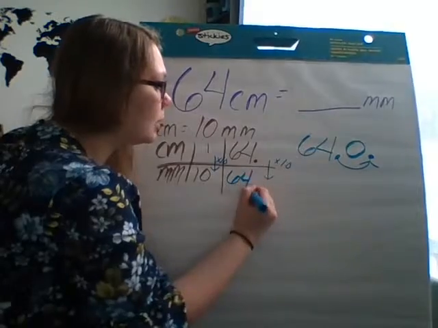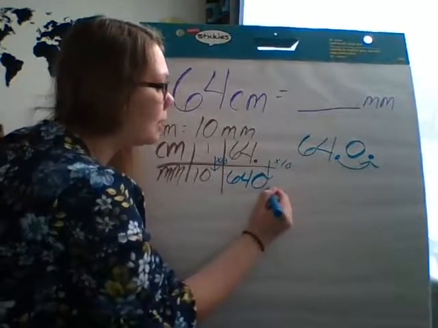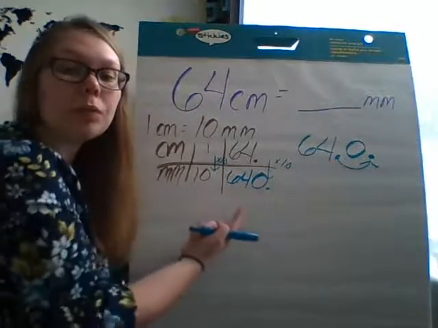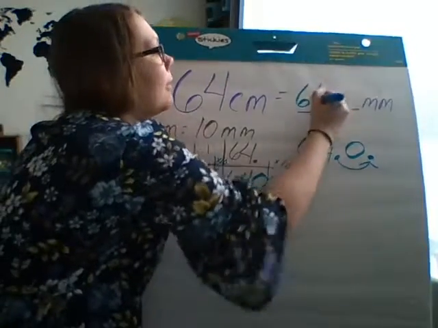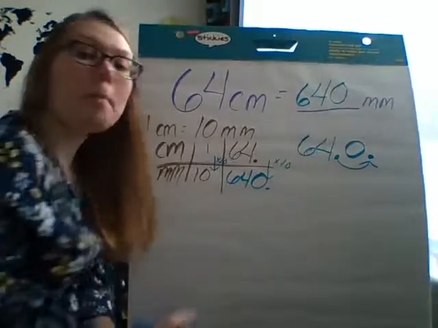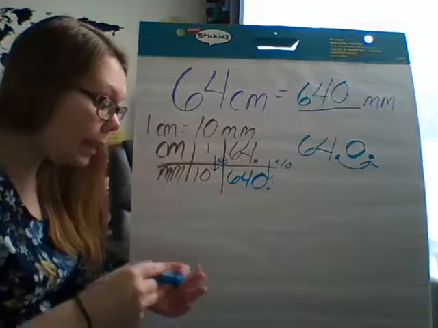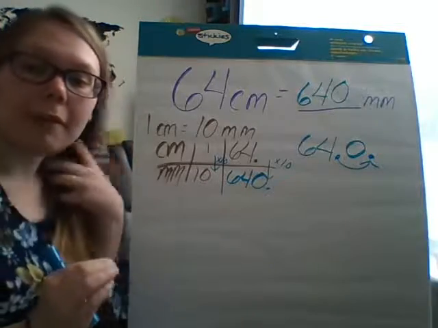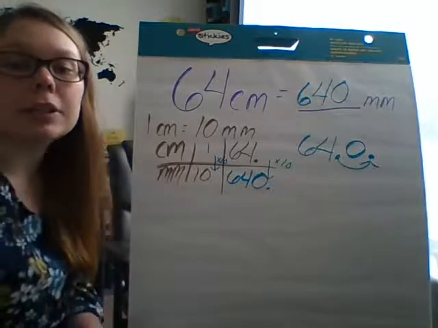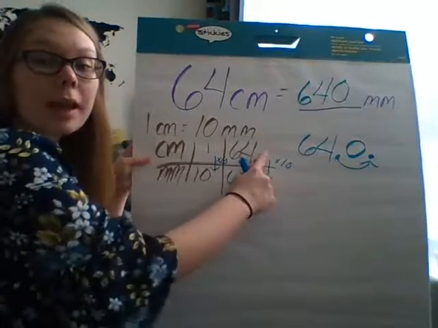Now our number looks like 640 with a decimal at the end, which we know reads 640 millimeters.